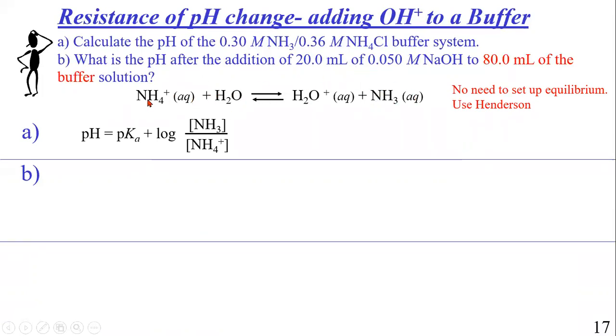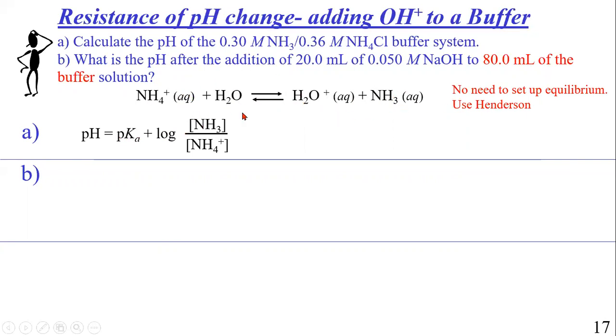Why do I always put my acid in the dissociation reaction? Because I'm using Henderson, and the way I'm using Henderson, we're always using it in terms of pKa. So it doesn't matter. You always use the acid equation, even if we have more base or more acid.